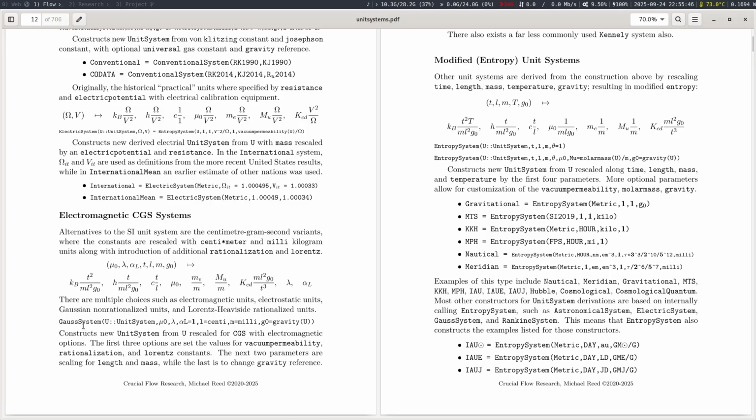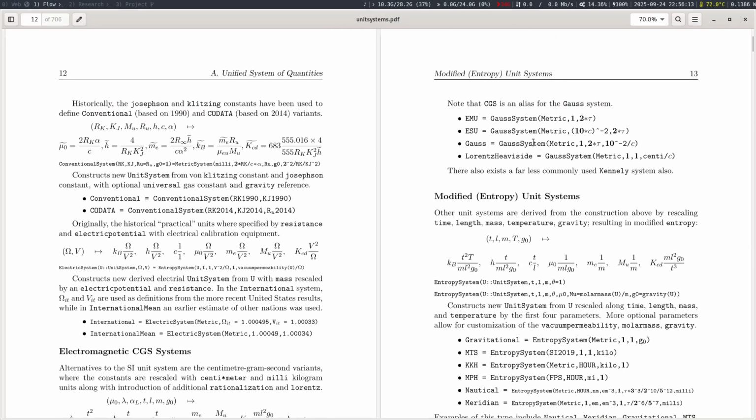This Gauss system constructs a new unit system from U, rescaled for CGS with electromagnetic options. The first three options set the values for vacuum permeability, rationalization, and Lorentz constant. The next two parameters are the scaling for the length and the mass, while the last is to change the gravity reference.